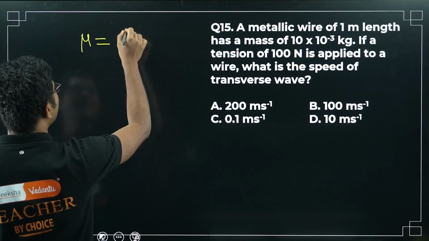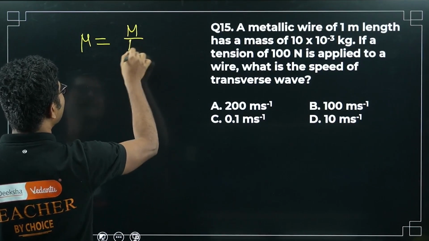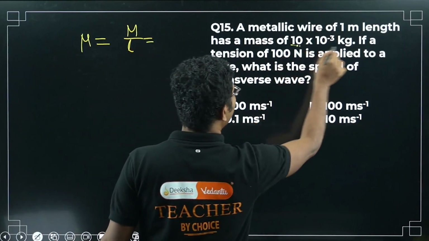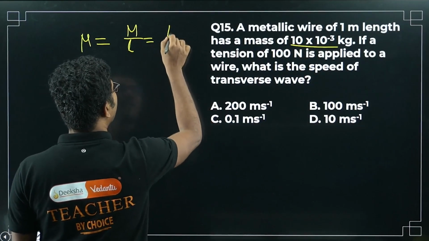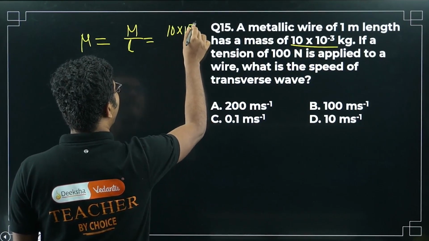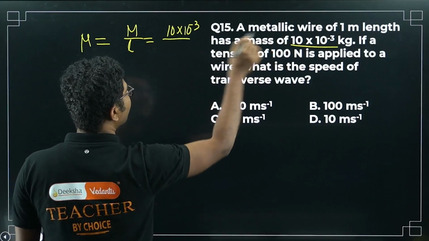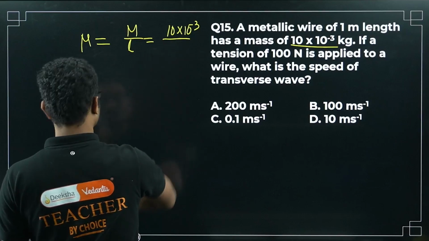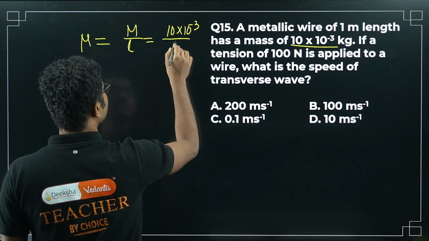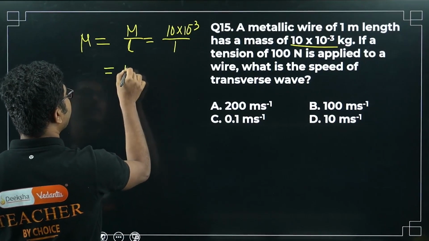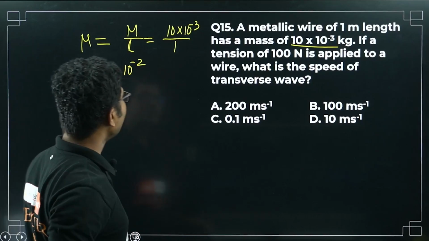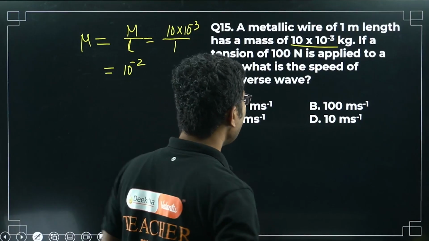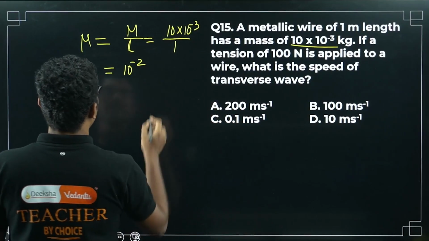Mu, mass per unit length, is mass divided by length. Mass of the wire is 10 times 10 to the power of minus 3, divided by the length of the wire, 1 meter. So it will be 10 to the power of minus 2. That is the mass per unit length of the wire.